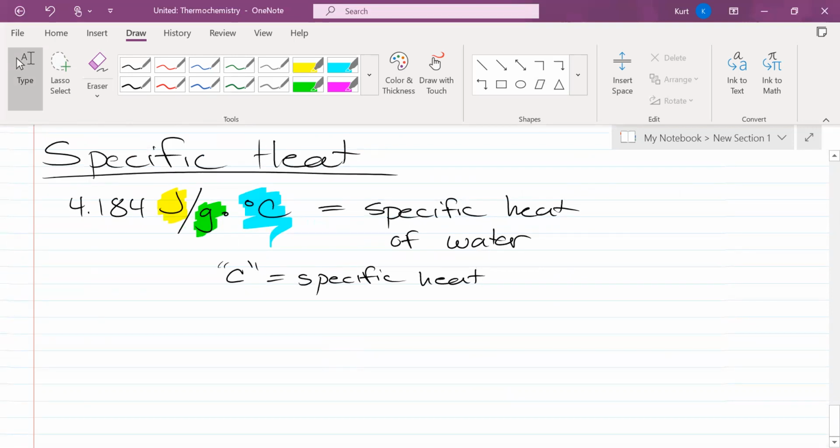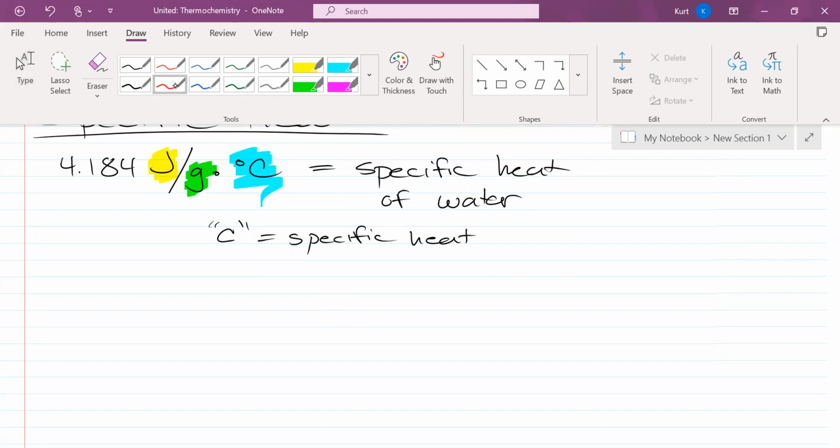What I'm getting at is things like concrete, and asphalt, and sand have very low specific heats. It does not take a whole lot of energy for their temperatures to fluctuate. But water has a very high specific heat, which means that water can absorb a lot of energy and not change its temperature.